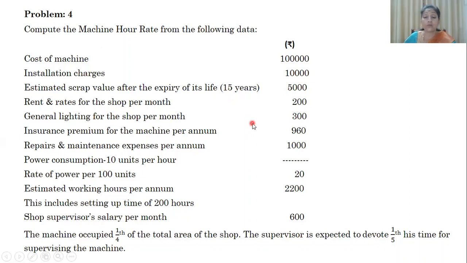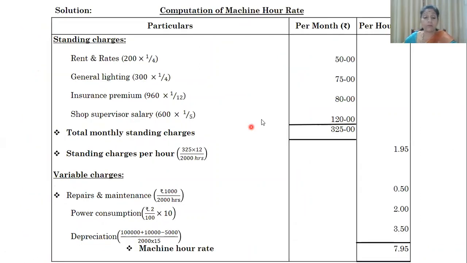So depreciation is 1 lakh plus 10,000 minus 5,000, divided by 2000 hours into 15 years. How much depreciation per hour will we get? 3.50.